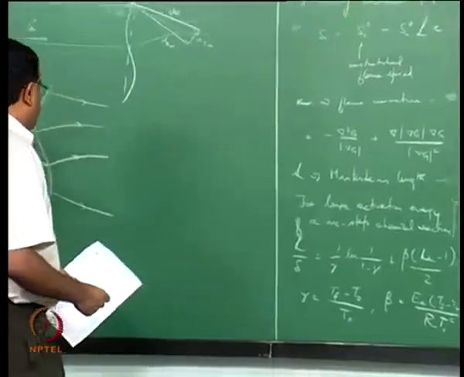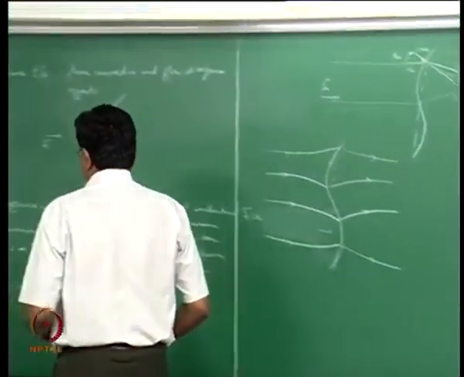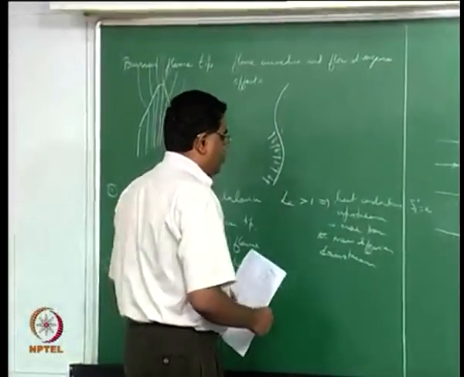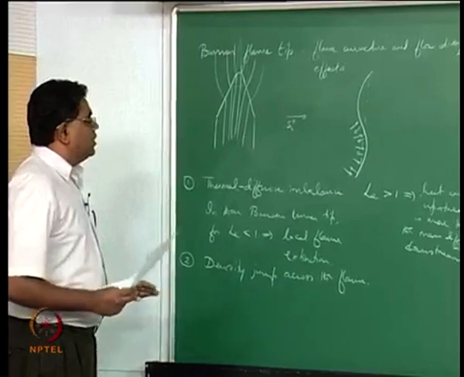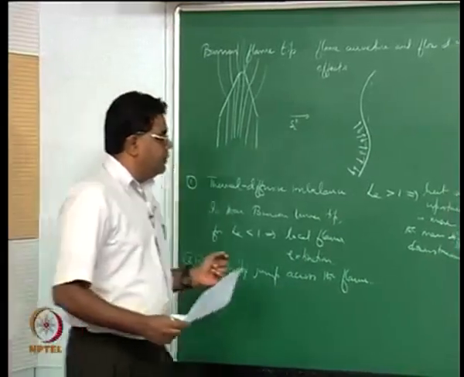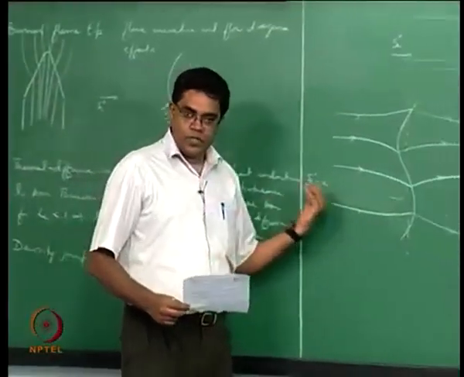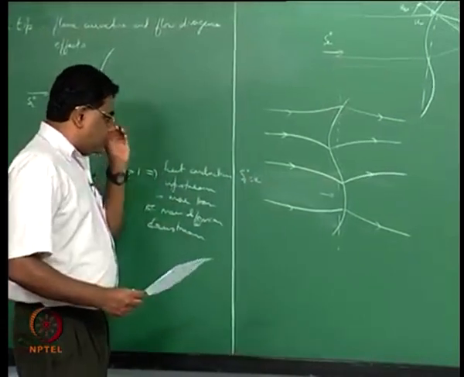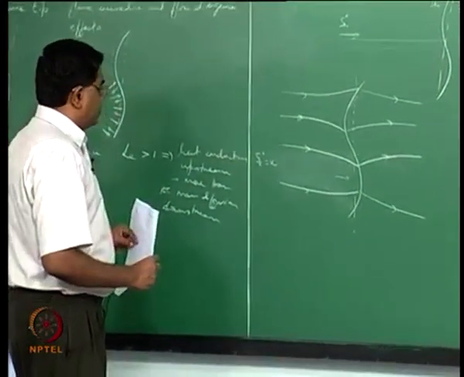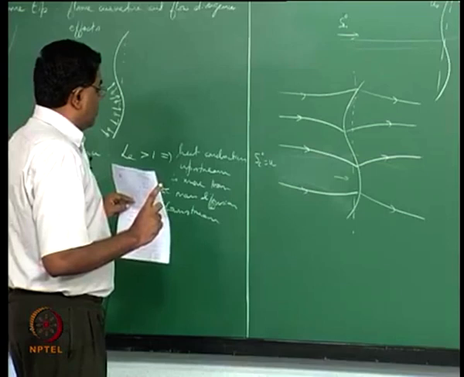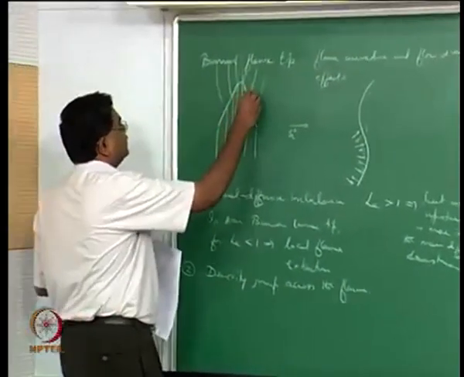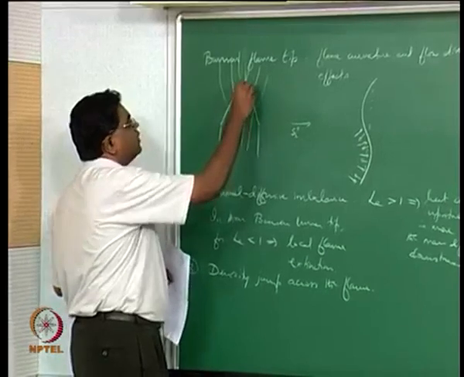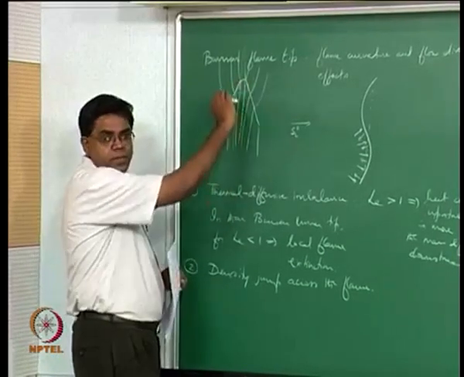So then what happens, as I said, as the flame speed increases, if you now go back to the tip of the Bunsen burner, that's what we were concerned with. If you now keep on increasing the flow speed, the flame speed for the unstretched flame is less than the flow speed.